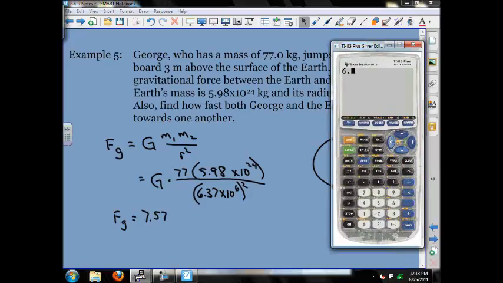So G, which is 6.67 times 10 to the negative 11th, right? Times 77, times 5.98.